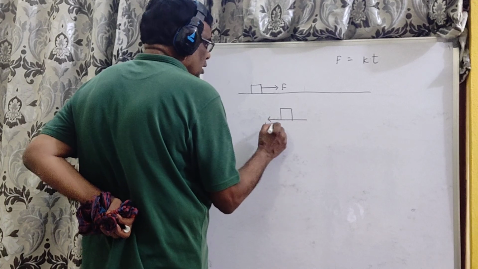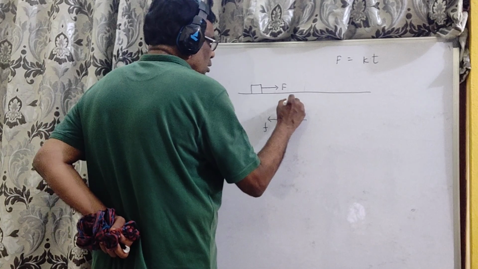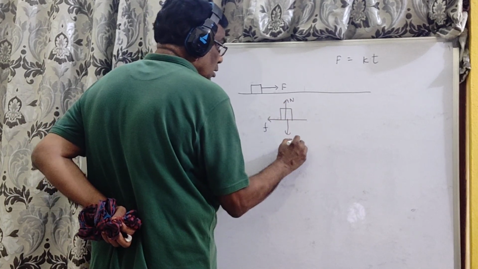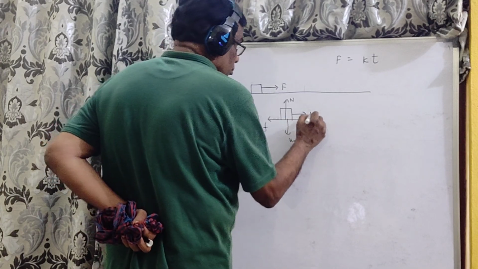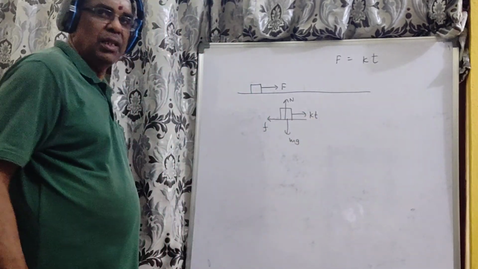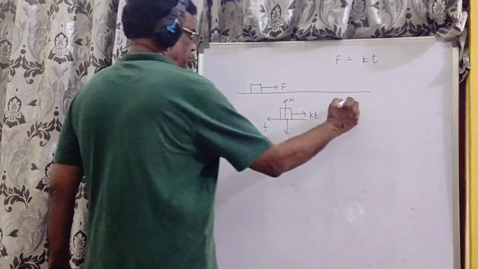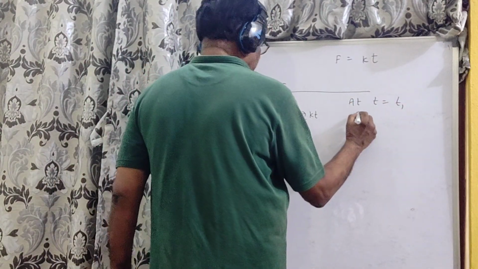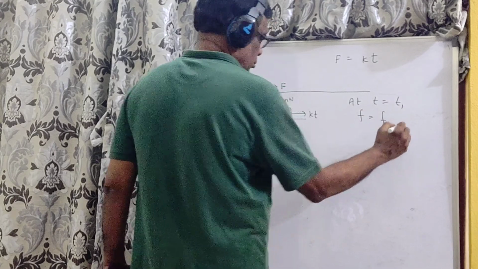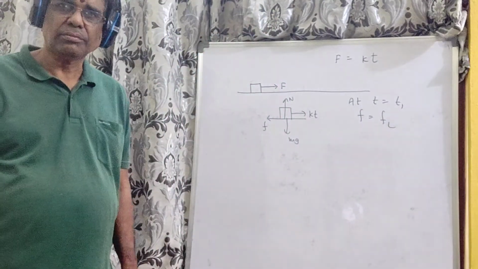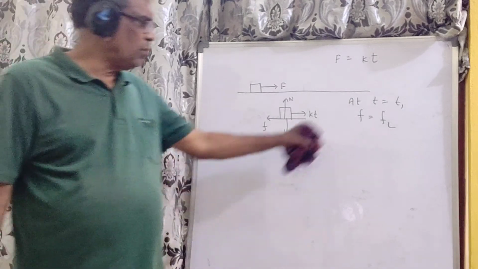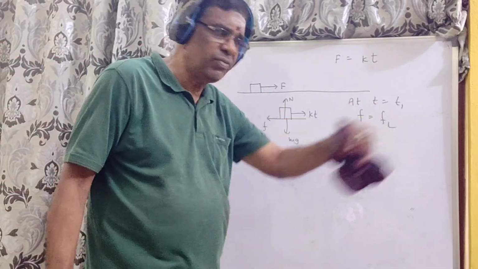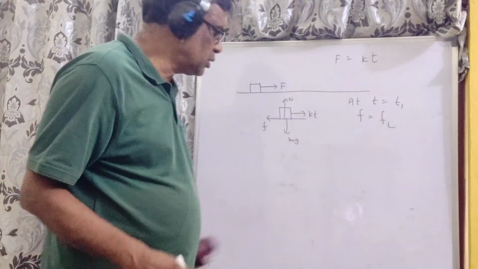This is the frictional force. This is M and g, and Kt. Let me presume at t equal to T1 the body just begins to move.